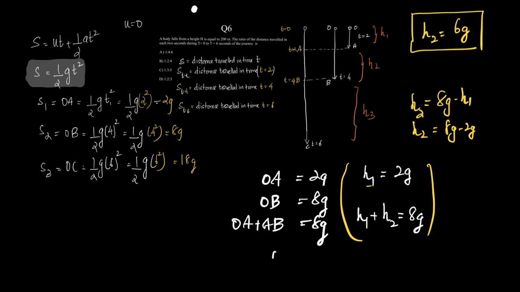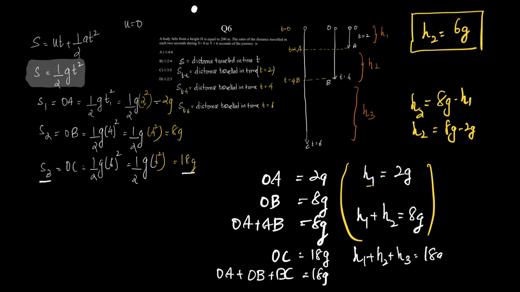Similarly, what is OC? OC is equal to 18g. But what is OC? OC is OA plus AB plus BC, which is equal to 18g. From the figure, we have the corresponding value H1 plus H2 plus H3 is equal to 18g.